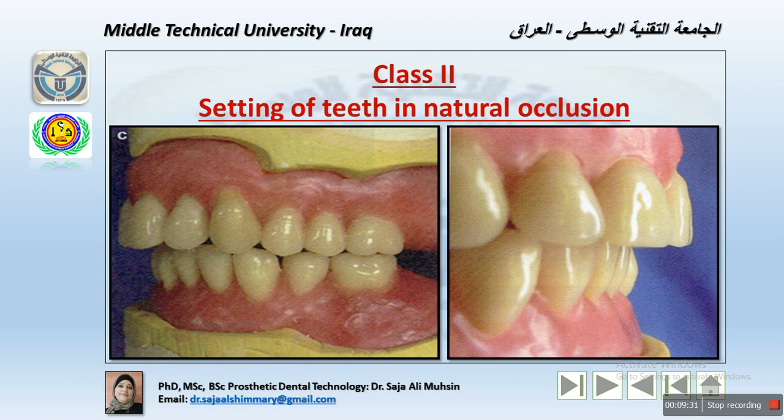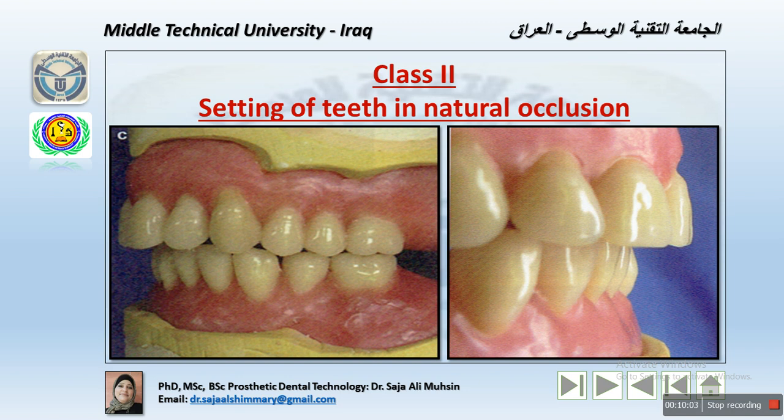Labially placed teeth may also interfere with the movement of the lower lip, particularly when pronouncing the E sound. So this is in terms of natural occlusion.